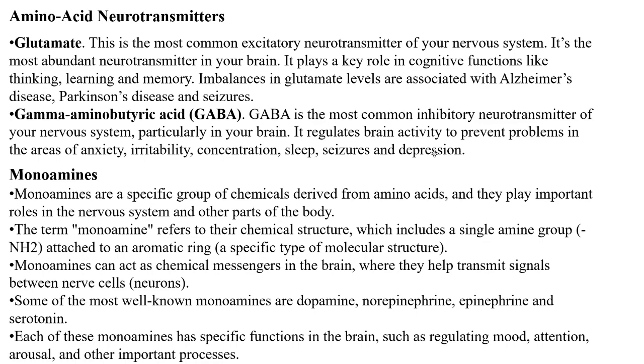The term monoamine refers to their chemical structure, which includes a single amine group attached to an aromatic ring. Monoamines can act as chemical messengers in the brain where they help transmit signals between nerve cells, neurons.